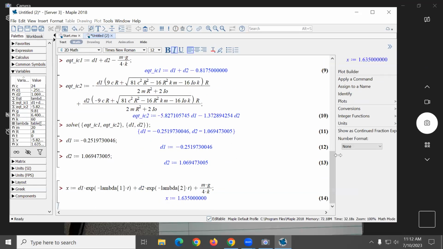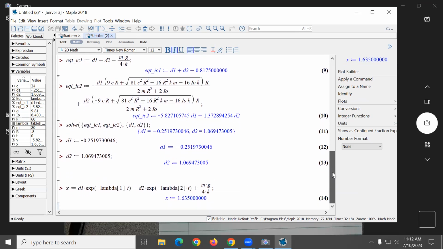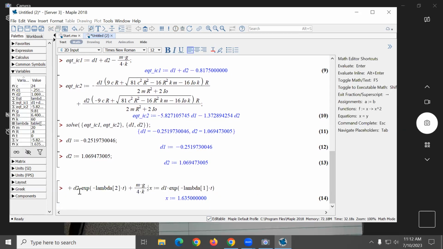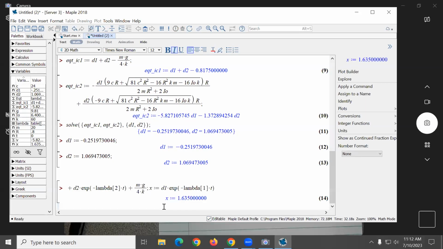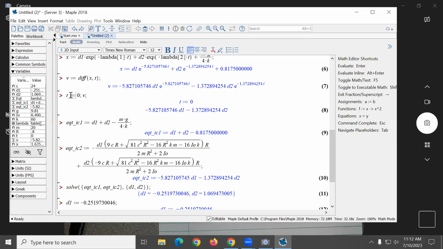Oops, because we put it at t equal to 0. So maybe what I can do here is, okay, let me eliminate here the t equal to 0. We don't need this one anymore.